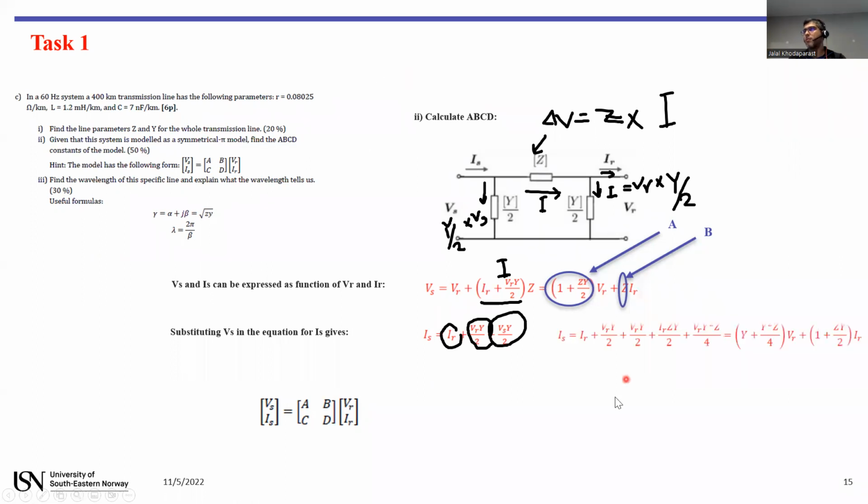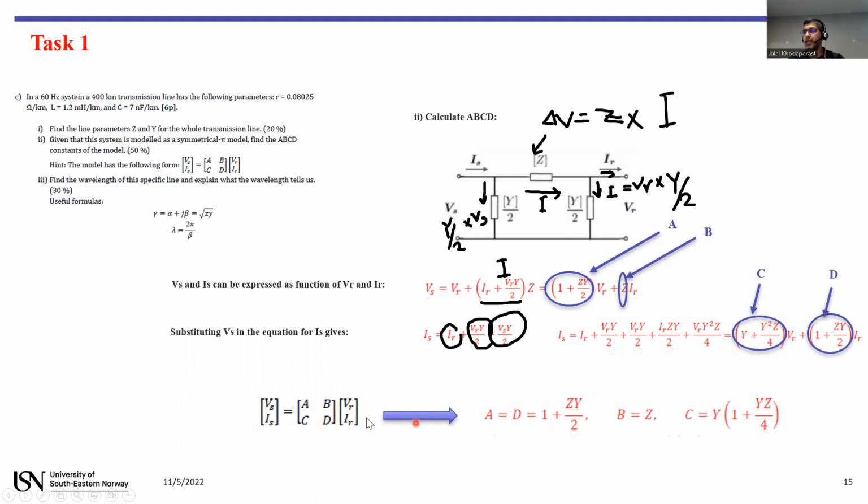And if we substitute Vs from this formula, we have this final result. According to the second row of this matrix, the coefficient of VR is C, and the coefficient of IR is D. So we can summarize that A and D are the same, and you can find them from this formula: 1 plus ZY divided by 2.